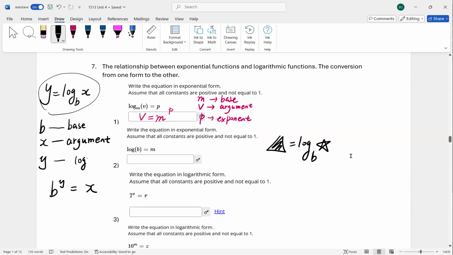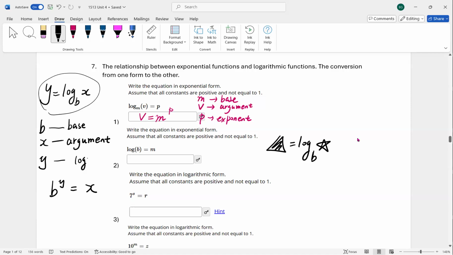What's the base, guys? B, right? Yeah, B, the base, exactly. And what is the argument? The star. Yeah, what's the log? The triangle. Exactly.